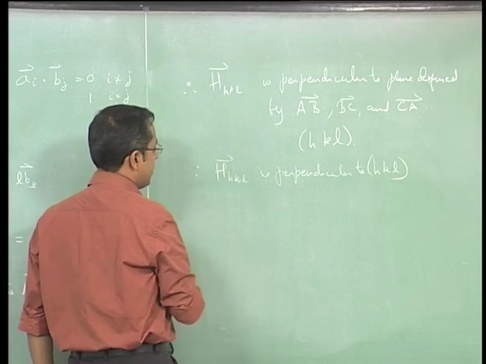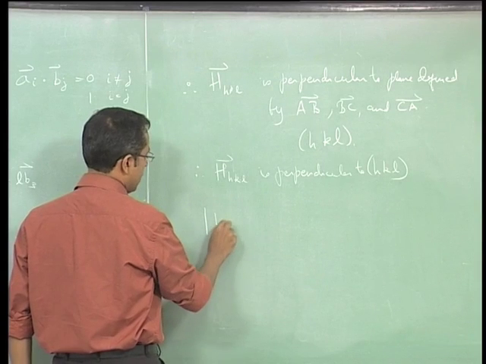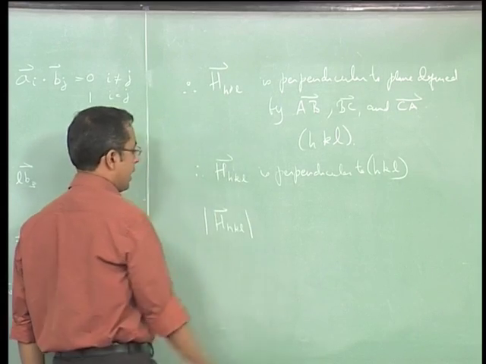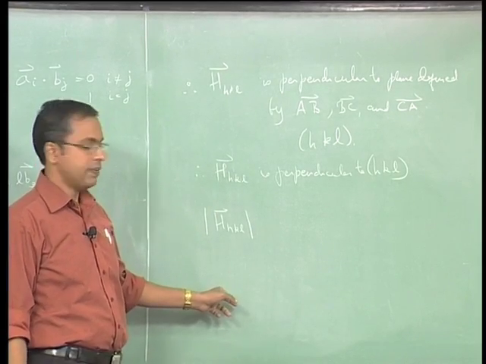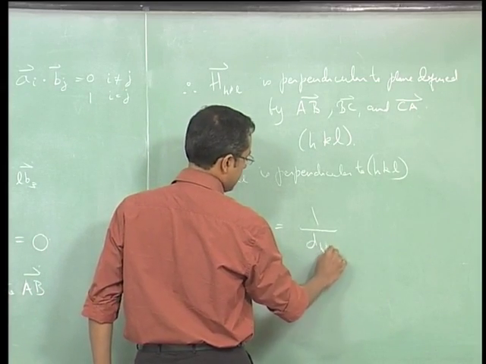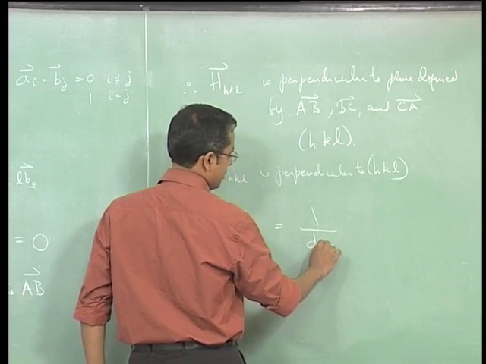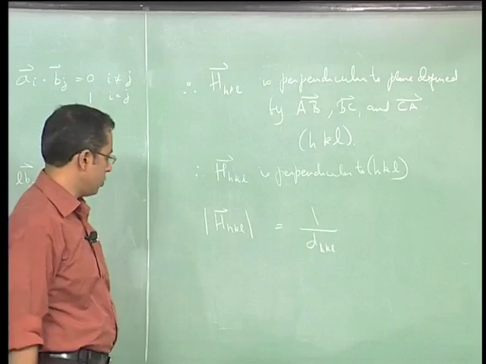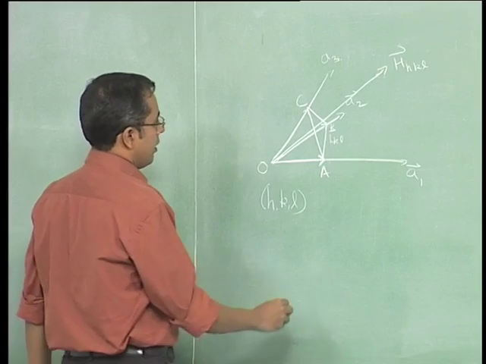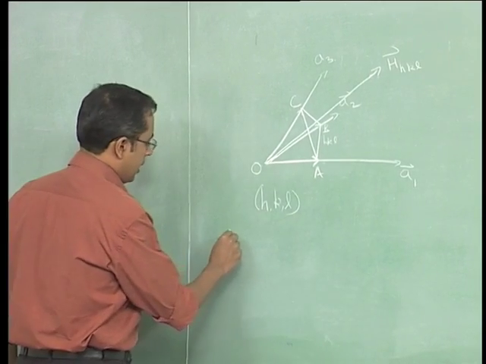The other thing we would like to see is what is the value of the modulus of HHKL and how does this relate to the spacing between the HKL planes. We will in fact see that this is equal to 1 by dHKL. So this is what we are just about to look at. We will come back to this figure.